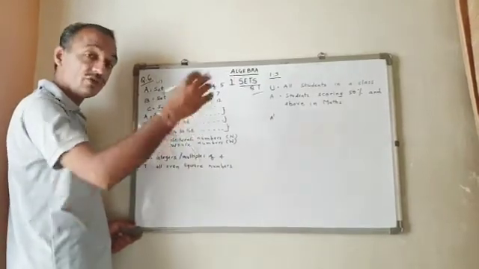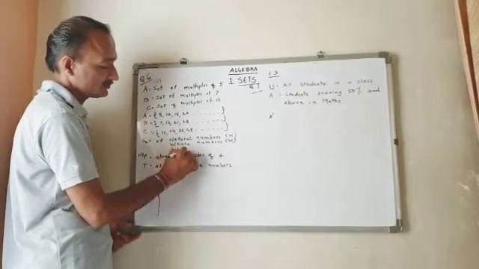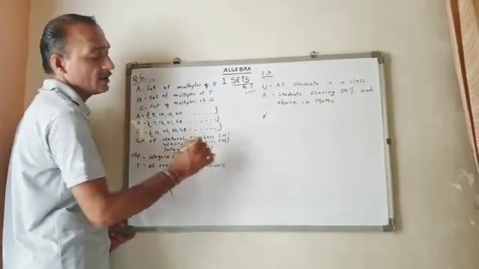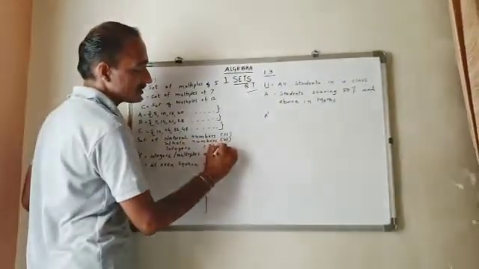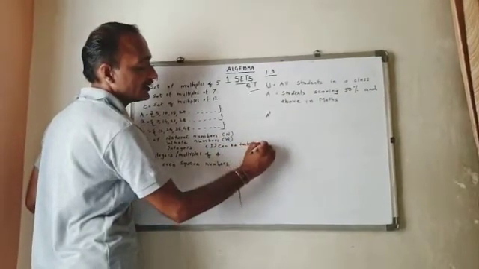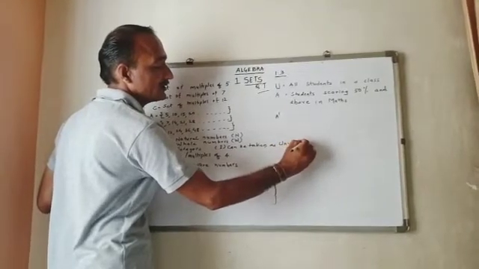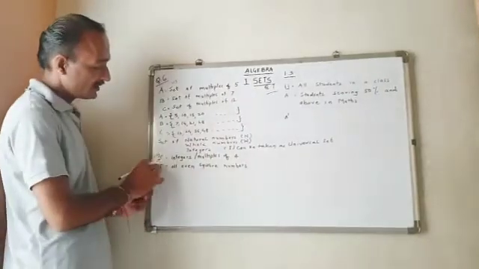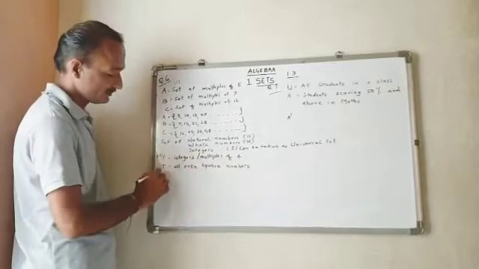Whole numbers: 0, 1, 2, 3, 4, 5, 6. Integers: negative, 0 and positive. So these can be taken as the universal set. Now here P is a set of integers that are multiples of 4.